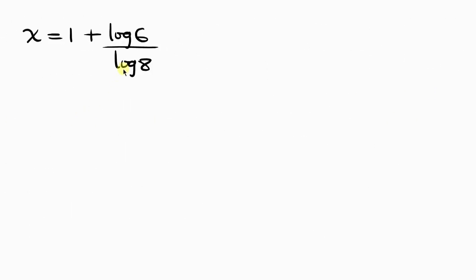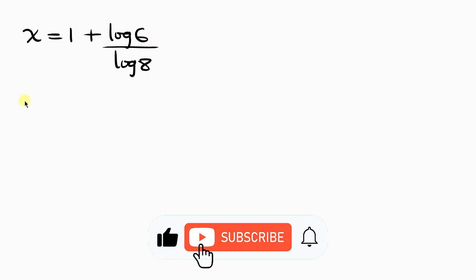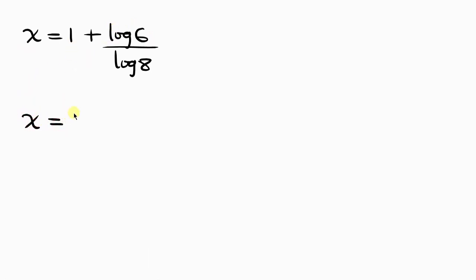Our next step will be for us to simplify log 6, so that we have x equal to 1 plus log 6, which is the same as log of 3 times 2, all over log 8.